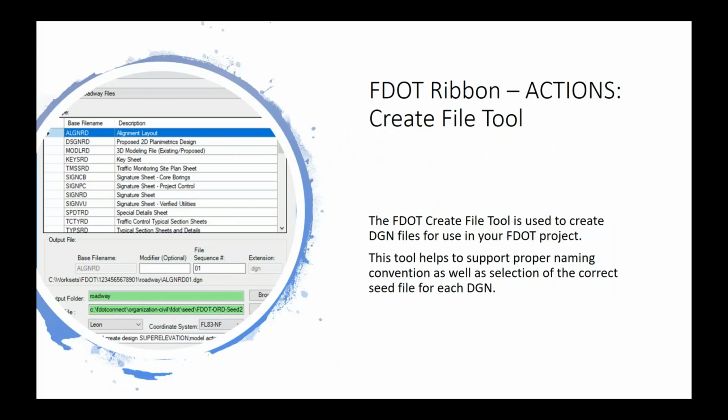This tool helps to maintain FDOT file naming standards, file and folder location standards, and proper seed file selection for each file type. Bear in mind that unlike the original Create File tool, this new tool will only run inside the FDOT workspace and cannot be launched by itself outside of the workspace. It's been that way for a little while, but it bears repeating.